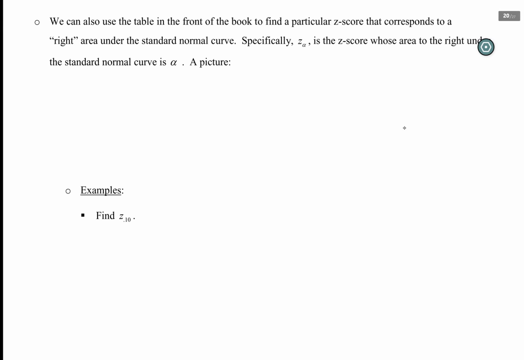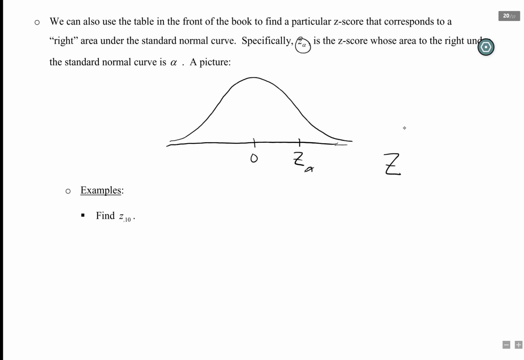Some notation: we are interested in z sub alpha, which on your standard normal curve is the value of z such that the area under the curve to the right of that value is alpha. And so the area under the curve to the left of that value would be 1 minus alpha.